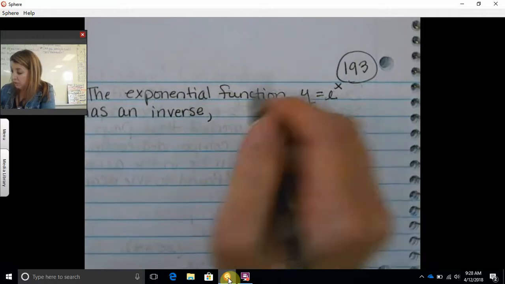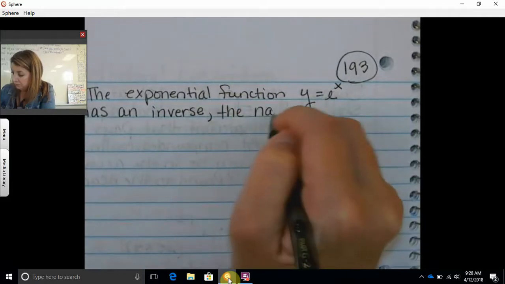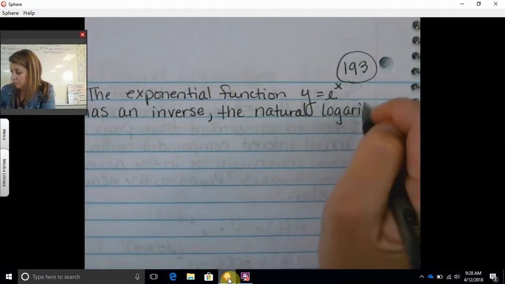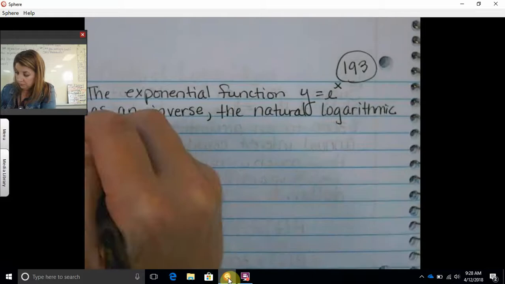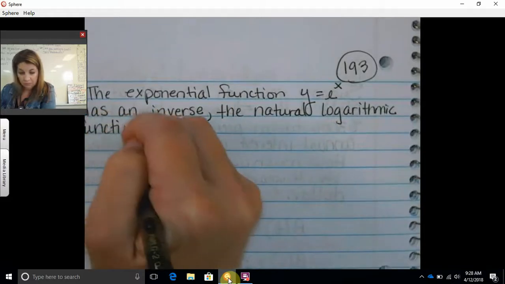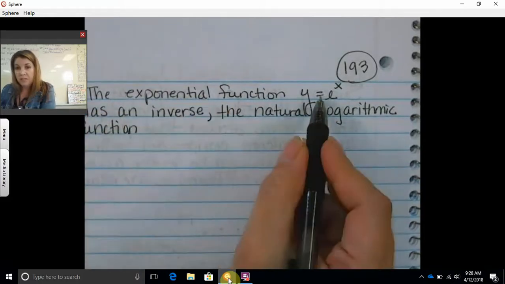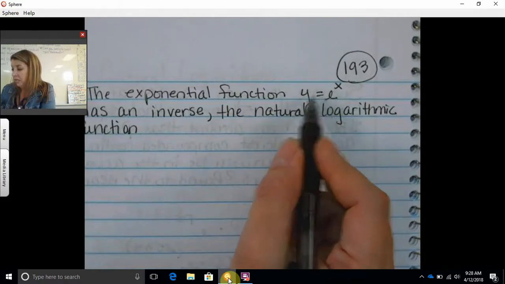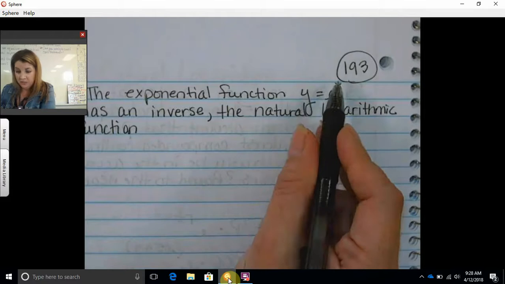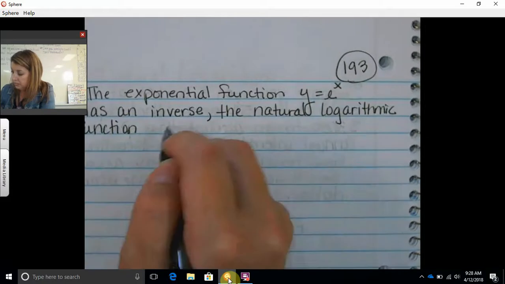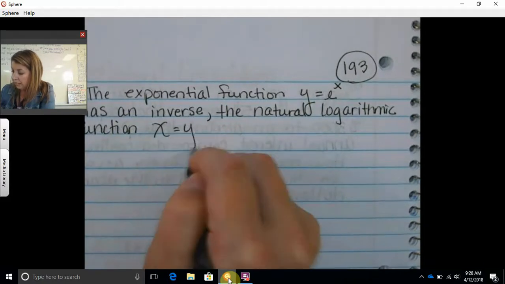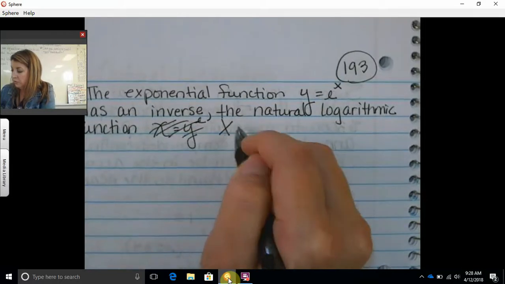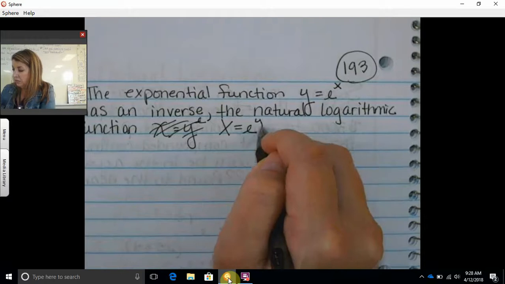The natural logarithmic function, which y'all know what the inverse is going to be, my x and y will switch, right? The base will stay where it is, but where there's a y, I'll put an x. Where there's x, I'll put a y. So it's x equals e raised to the y. Sorry about that.